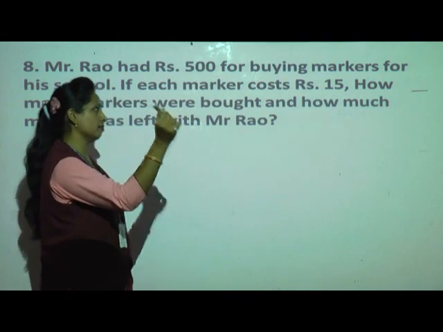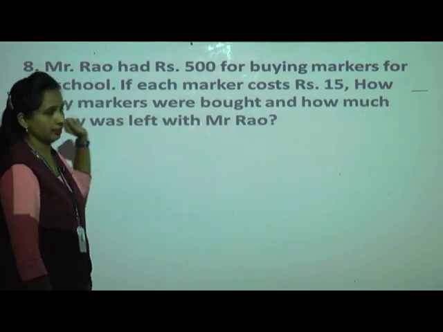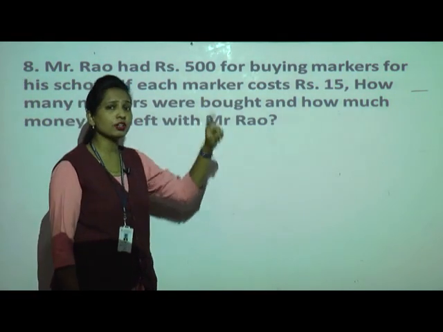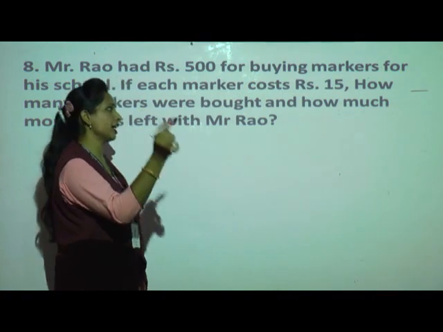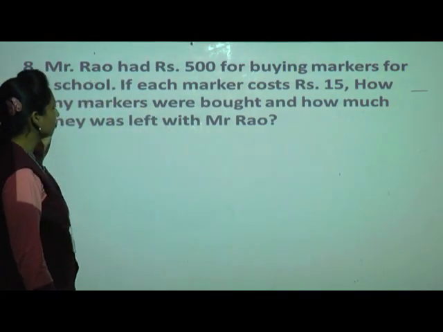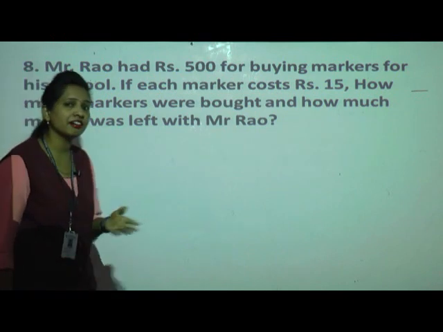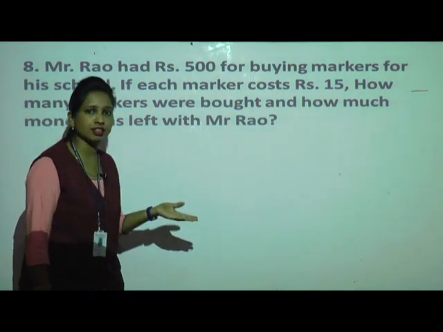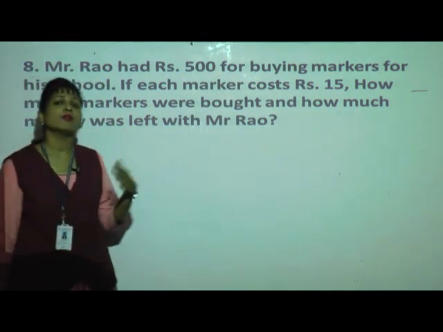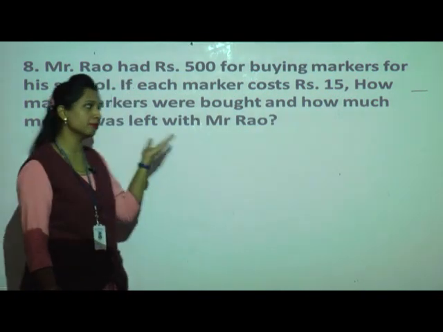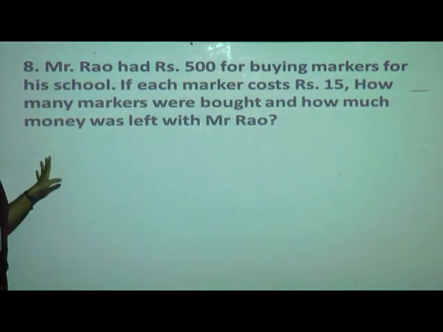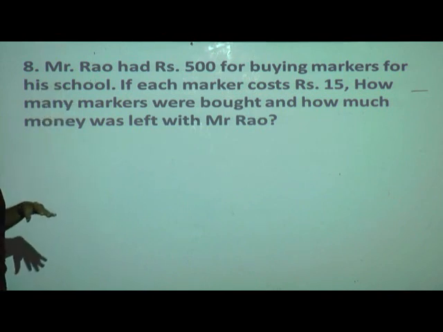See this, like this marker. For his school, isn't it? Now, one marker cost that given how much? 15 rupees. Now, we have to find out in 500 the shopkeeper how many markers he had given and what is the money left with Mr. Rao. See, I'll explain this and I'll write short statement. You will do the division.